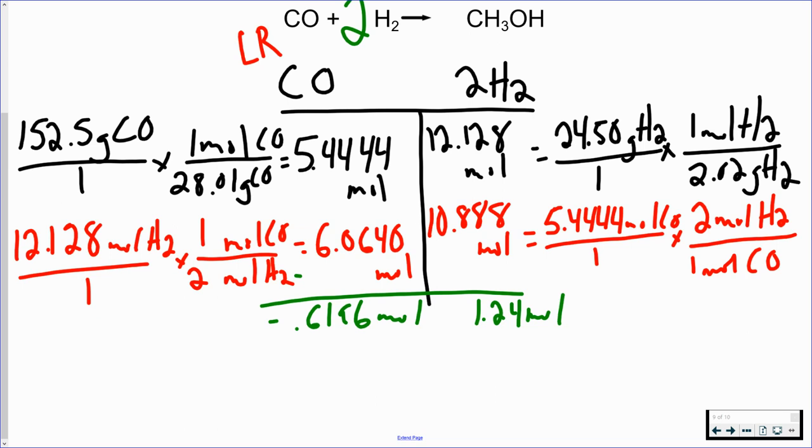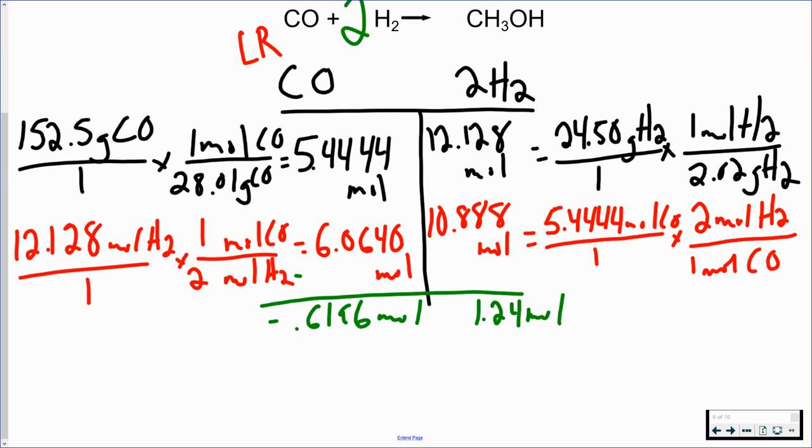Now, that's how many moles of H is left over. So when you subtract them, if it's negative, you went into debt in order to use all of the other reactant. And we can't go into debt in chemistry. So if you have a negative, it's the LR. If you have a positive, that is the excess.